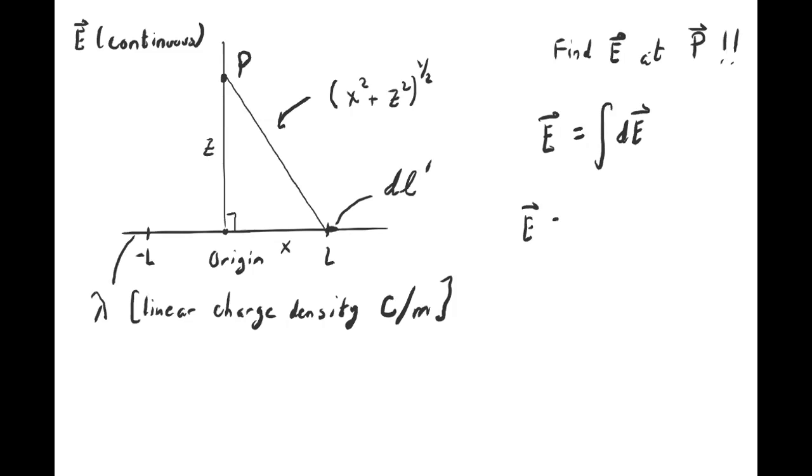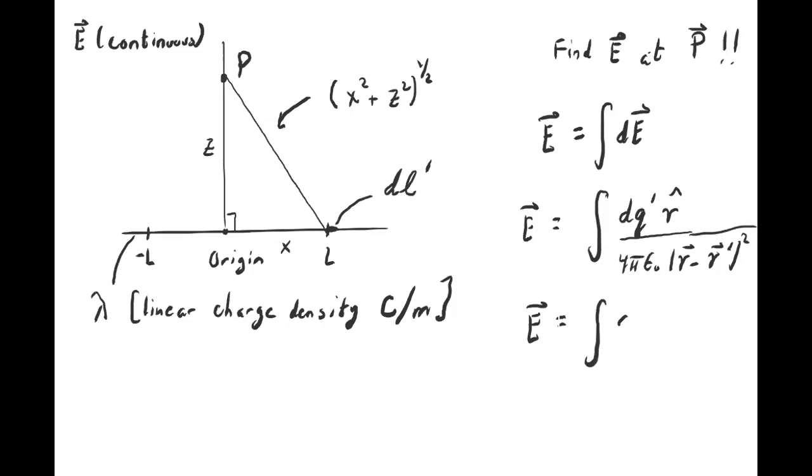Now, if I want to break that integral up, Coulomb's law tells me that the numerator is just dq prime times r hat, divided by 4 pi epsilon naught and the length of this vector r minus r prime. And again, it's going to be very helpful in doing this calculation to replace the unit vector in the numerator by a vector.